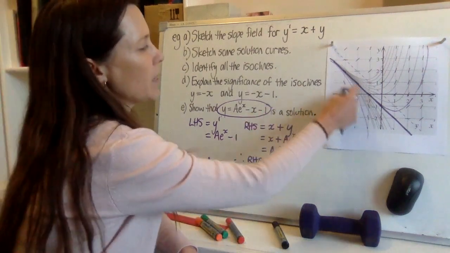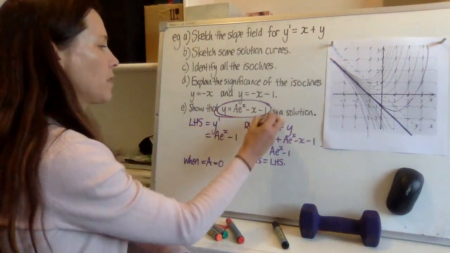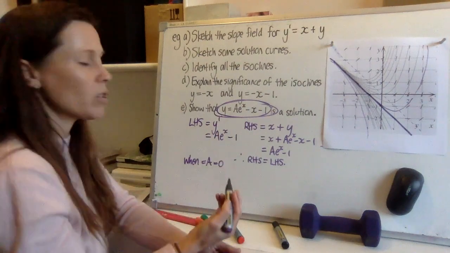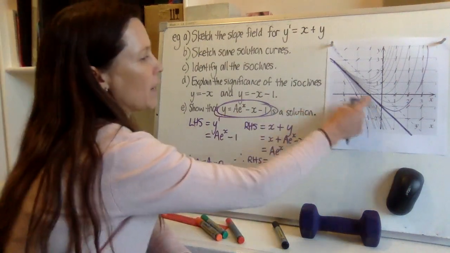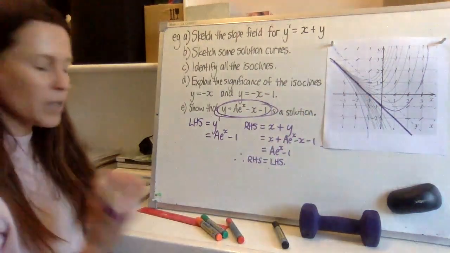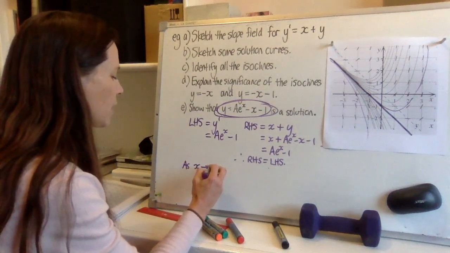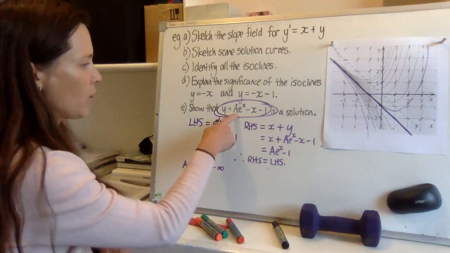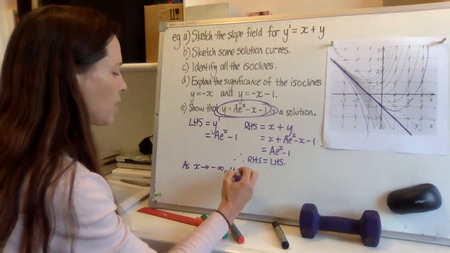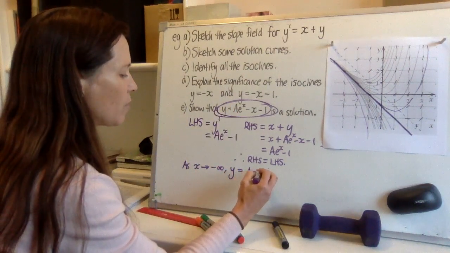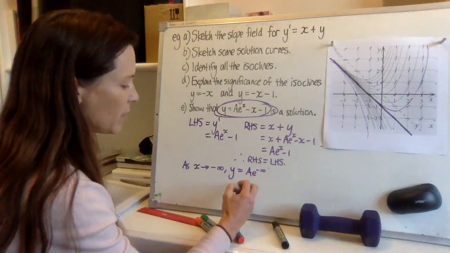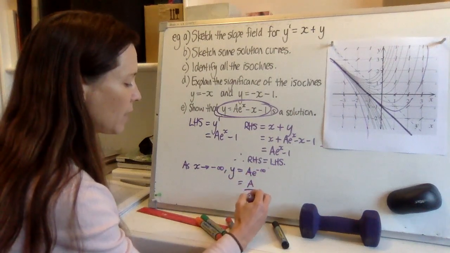And we can see now that we know that this is the general form of our solution curves, we can see why we get an asymptote along this line. And that's because as x approaches negative infinity, we have y equals a e to the minus infinity, and what that really is is a over e to the infinity.